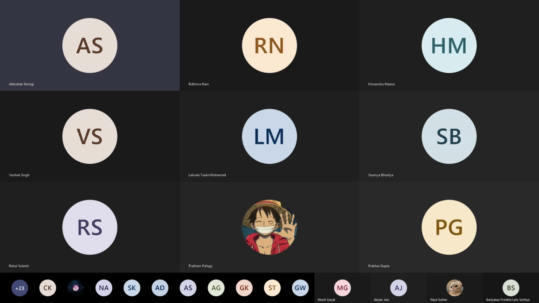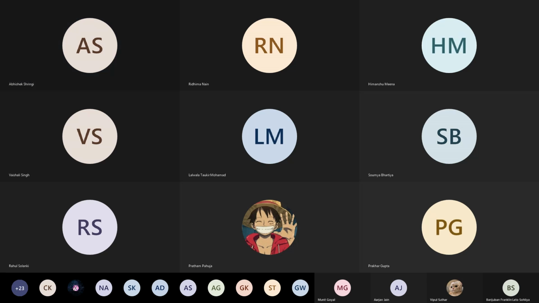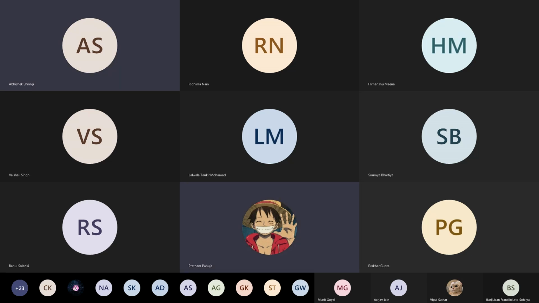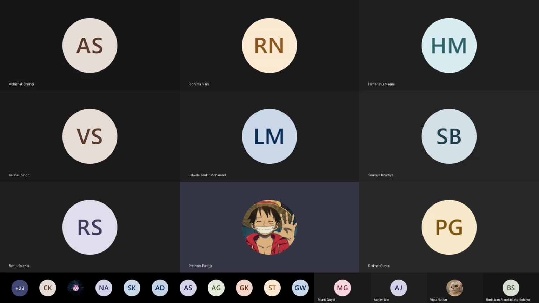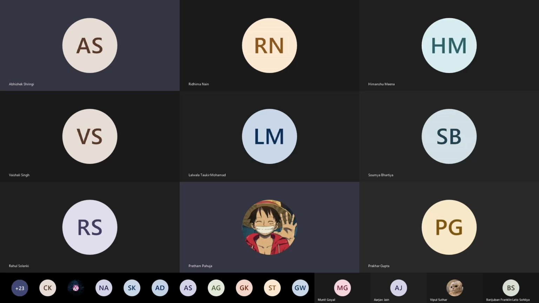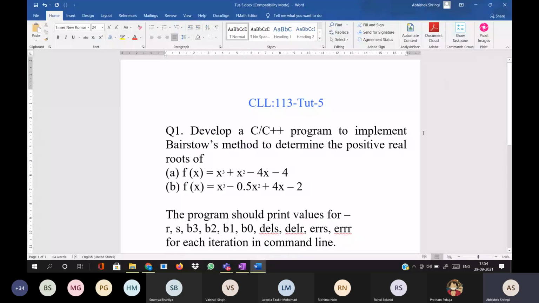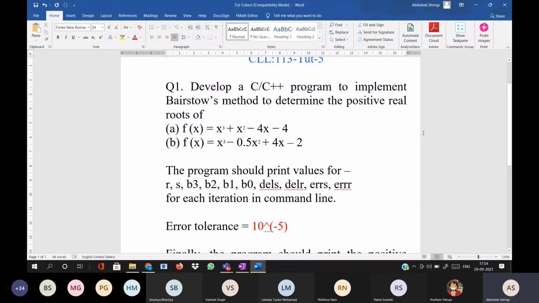So everybody has read the question now. Would someone like to go ahead and explain what is being asked in the question? We have to find the real roots of the polynomials given using the Bairstow method. Yes, so we have to find the roots of a cubic polynomial using the Bairstow method. Before actually finding the roots by the Bairstow method, let us have a discussion first.